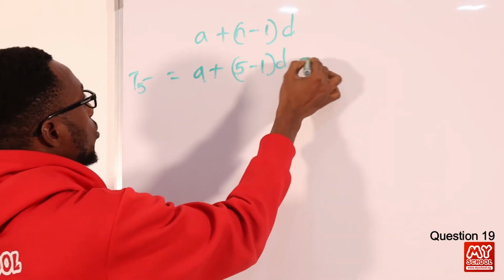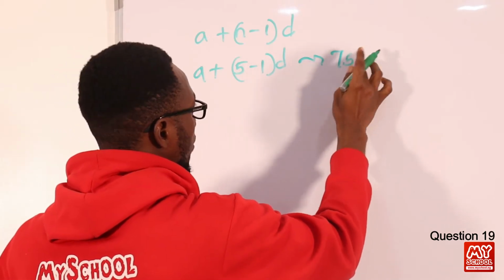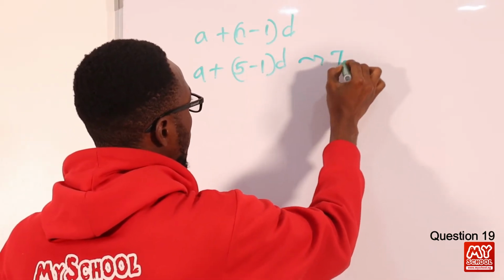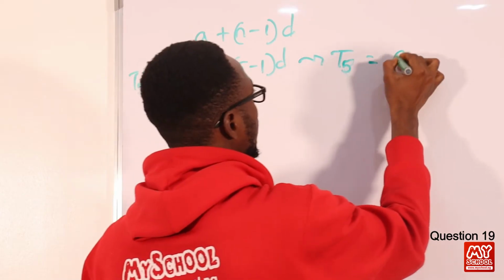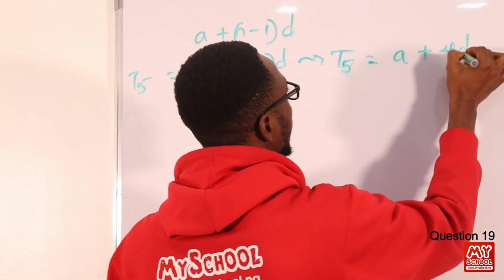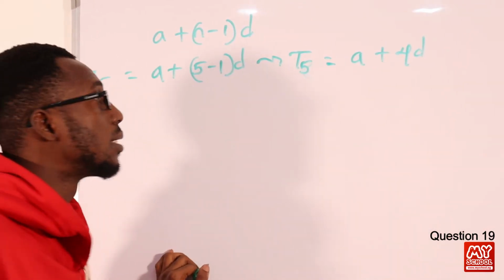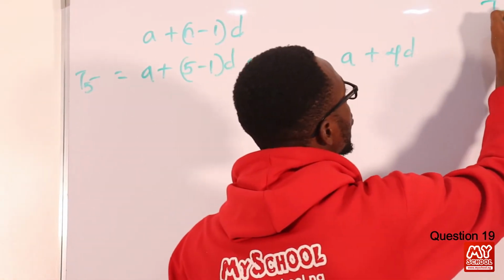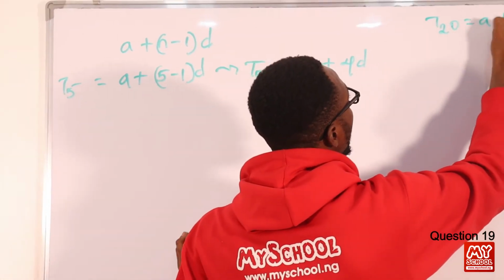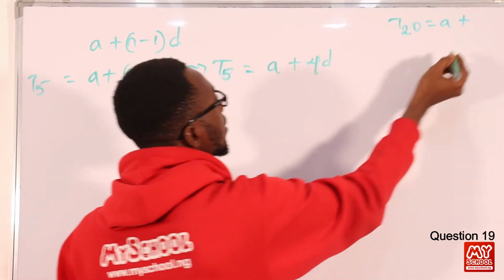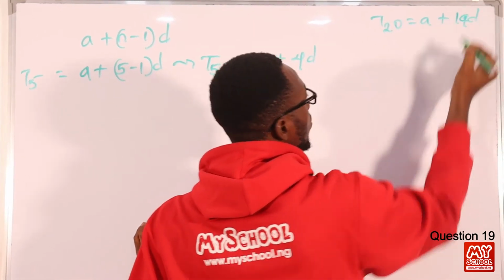So that should be T5, which should be written as a subscript, please. That means the 20th term will be T20 equals A plus 20 minus 1, that is 19D. Do we see that?